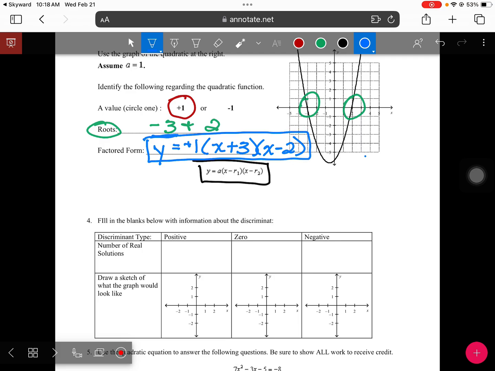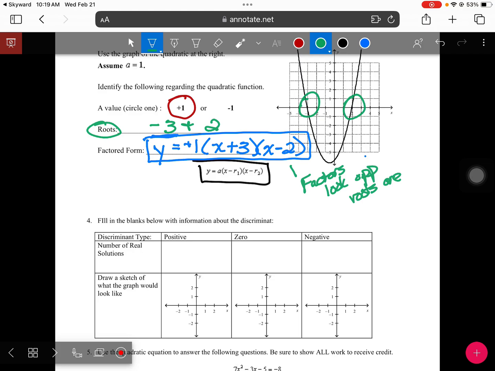And what you need to remember is when you write in factored form, the factors look opposite of what the roots are. Question, Dom. Okay.